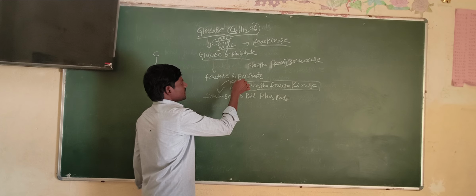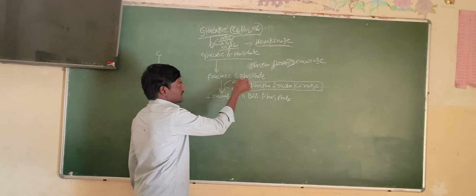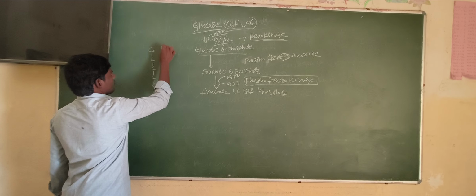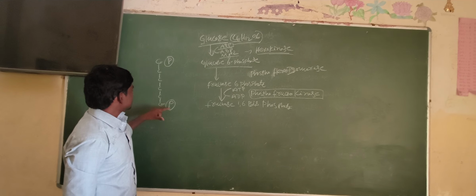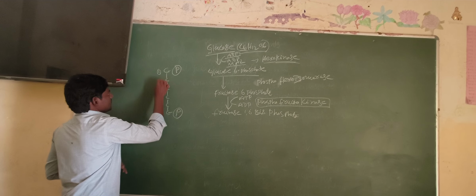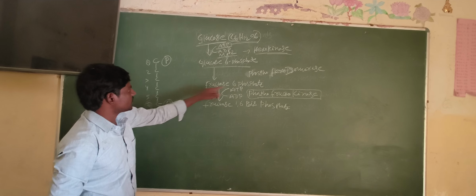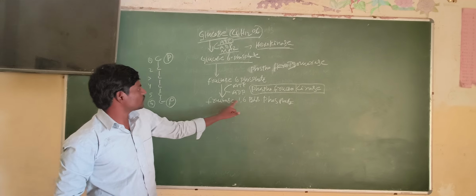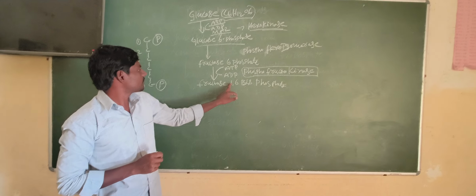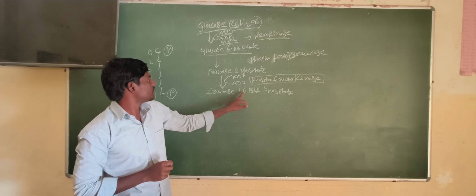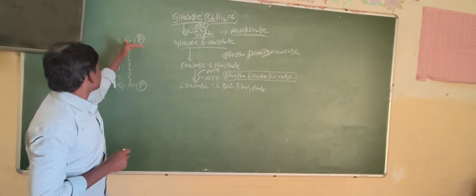Out of the 3 phosphates, one is lost, and that phosphate is attached to the first carbon. Then phosphate is present at the first carbon and the 6th carbon: first, second, third, fourth, fifth, sixth. That is 1,6-bisphosphate, or diphosphate.